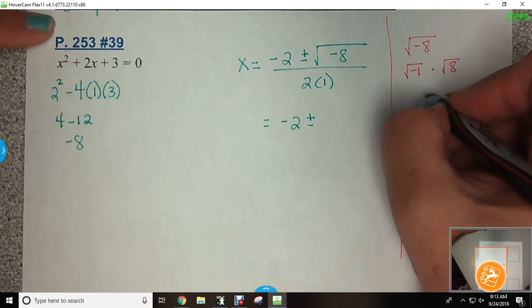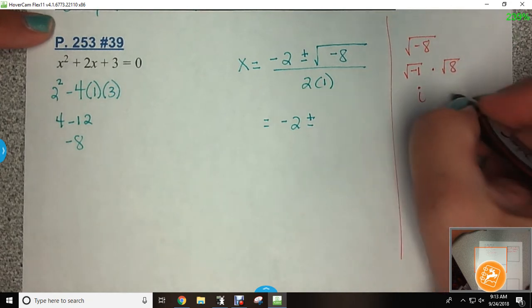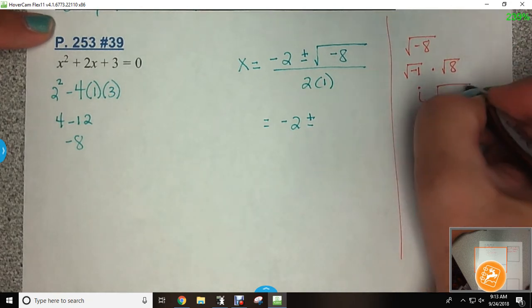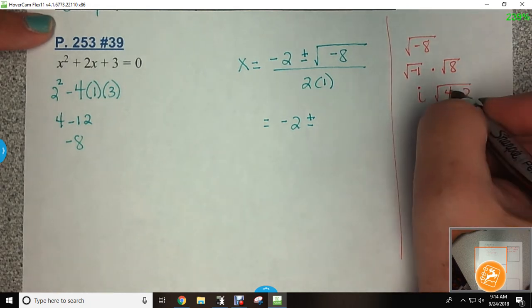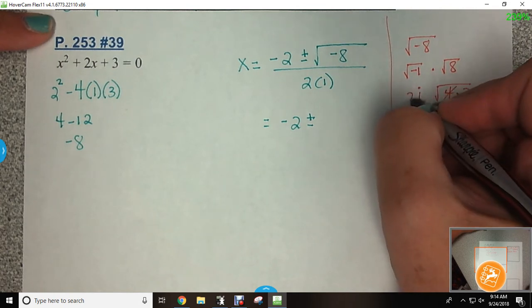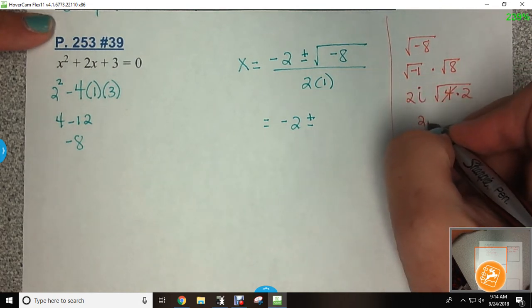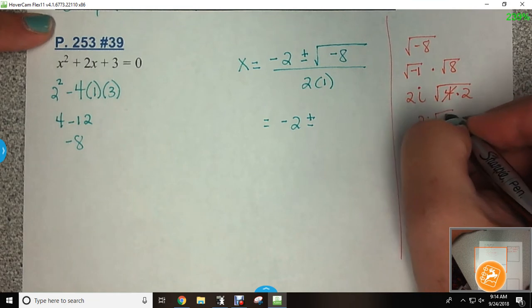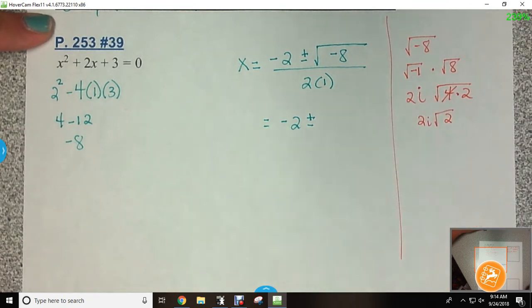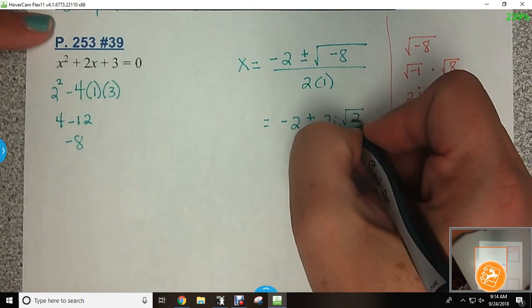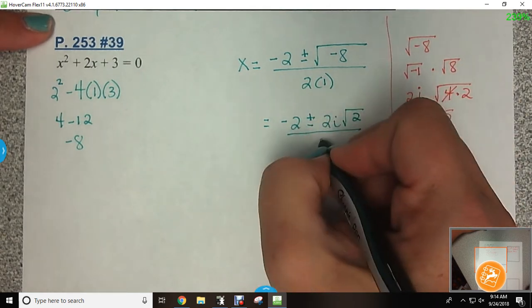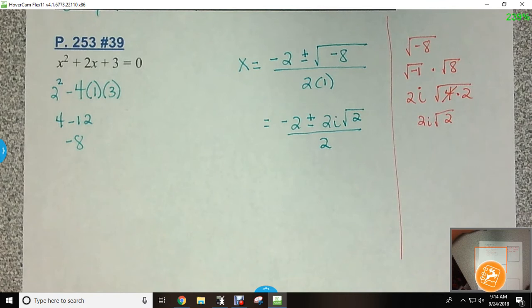Well, the square root of negative 1 is an i. The square root of 8 can be rewritten as 4 times 2. The square root of 4 gives me a 2. So I have 2i square root 2. So 2i square root of 2. And then on the bottom, I've got 2.